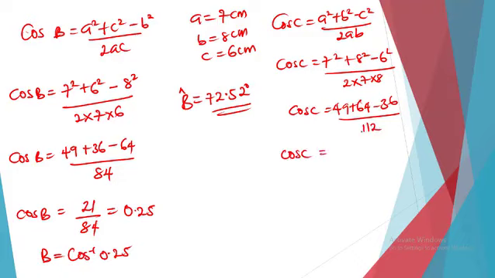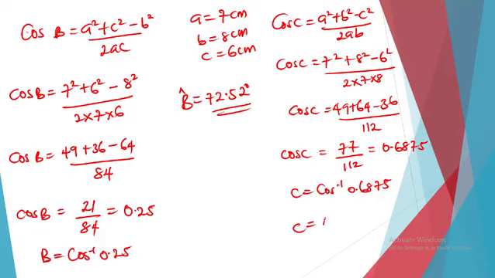Cos C is equal to 49 plus 64 minus 36 will give us 77 over 112, and that will give us 0.6875. Okay, C is equal to cos inverse of 0.6875, and C will give us the angle 46.57 degrees. That's the smallest angle.